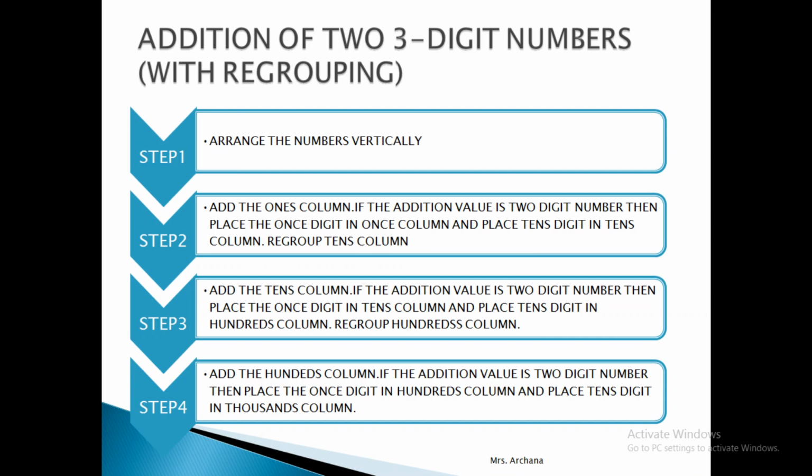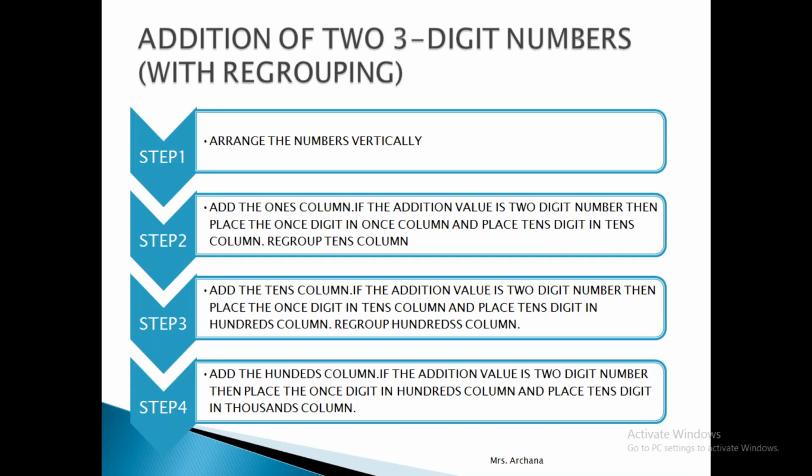Now, addition of two 3-digit numbers with regrouping. In this example, you will get what is regrouping, because in the previous example we discussed without regrouping. So here I will tell you what is regrouping.